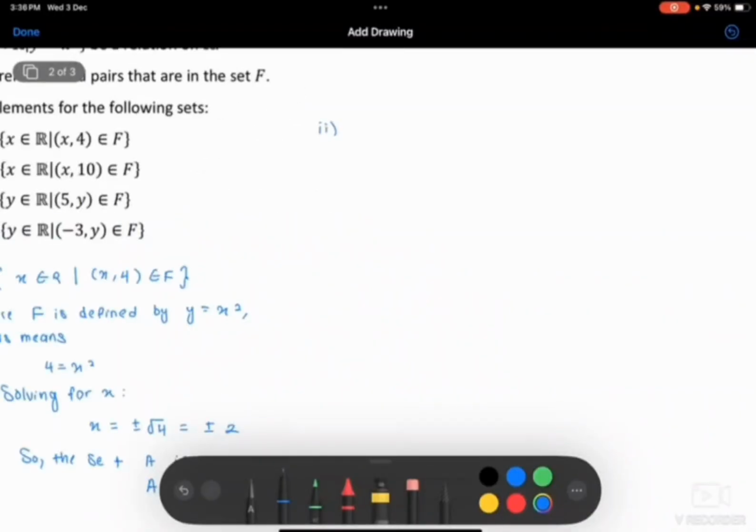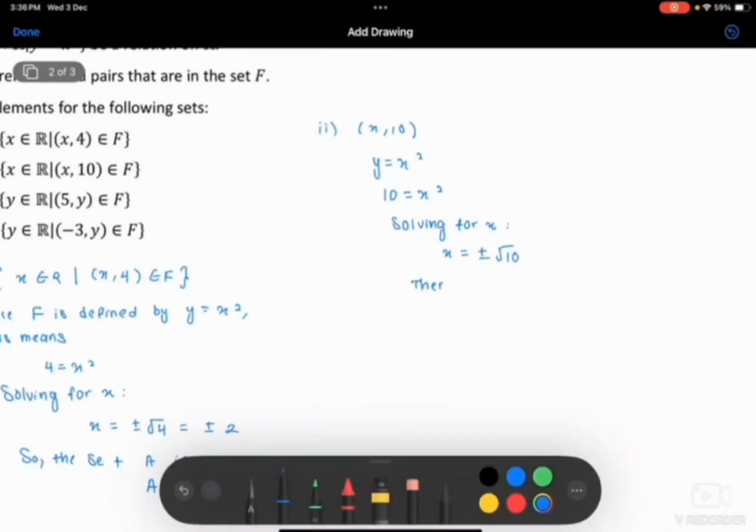For set B, which is part 2, the point given is x and 10. Again, it must satisfy the equation y equal to x square. So 10 equal to x square. Now solving for x equal to plus minus square root 10.